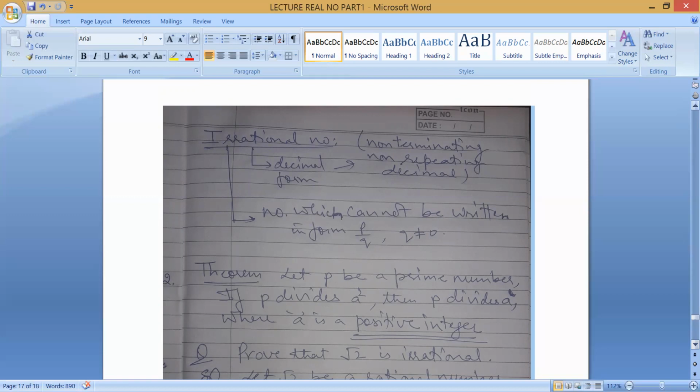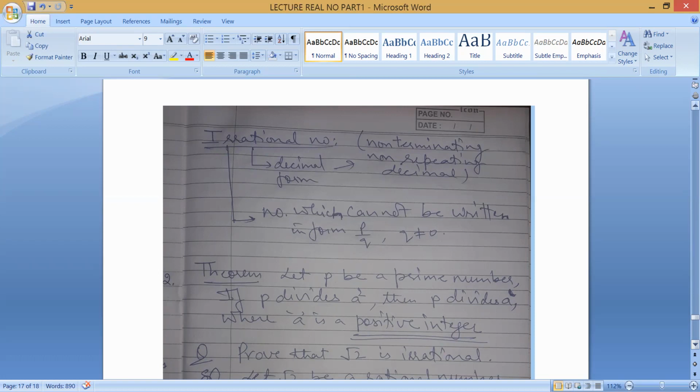Rational and irrational numbers are both real numbers. Now if I ask you what is the decimal form of an irrational number, you will say that non-terminating, non-repeating decimal is the decimal form. You studied decimal form in ninth class, but here you must know the definition of an irrational number.